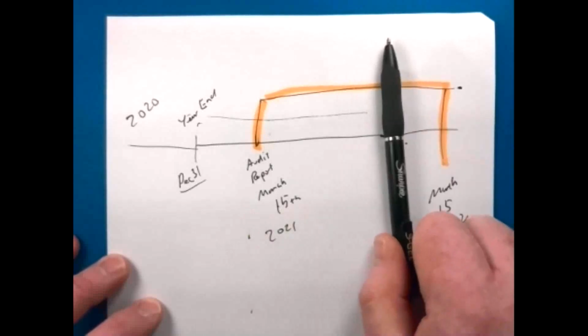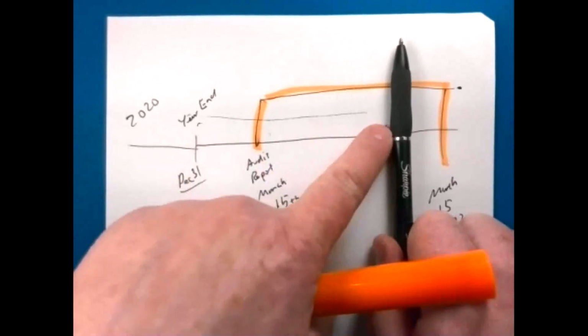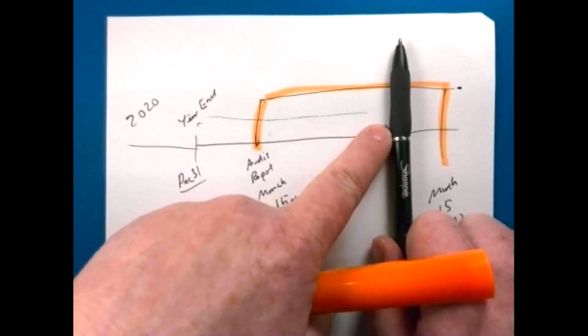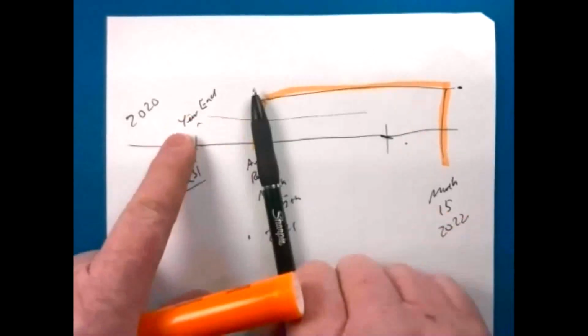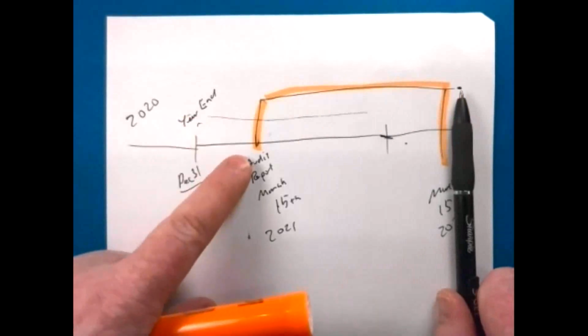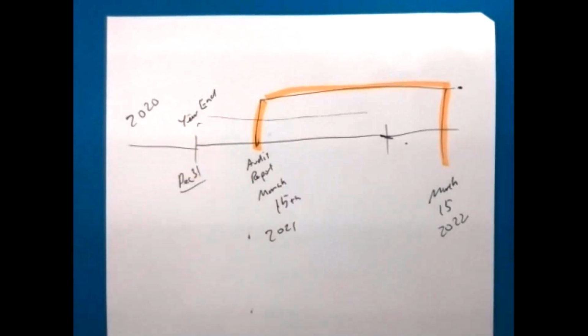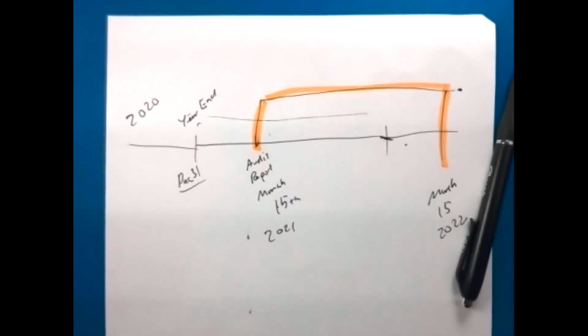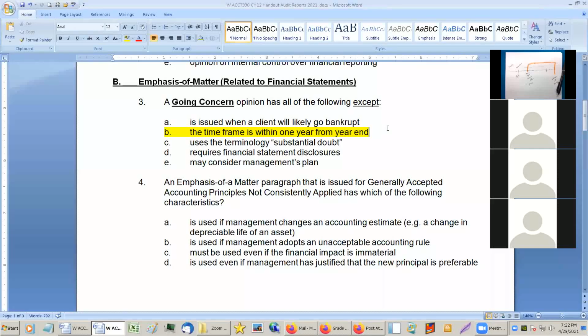It used to be that if you didn't think they were going to go bankrupt by year end, that's what you had to go by to give them a going concern. But now it's a longer period basically. And they also say now that if the auditors think that it should go past that, it can. So they can actually go past the 1 year even from the issuance of the audit report. So this is the problem.